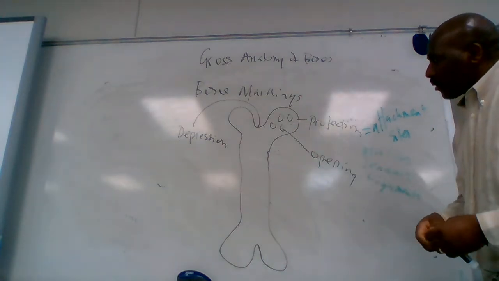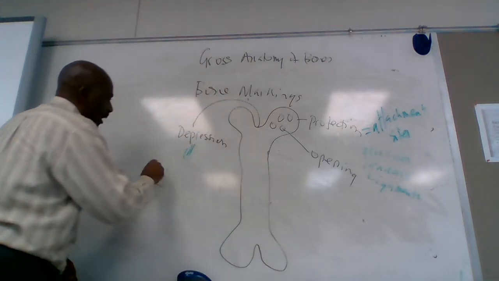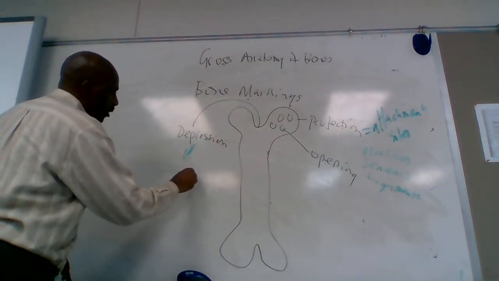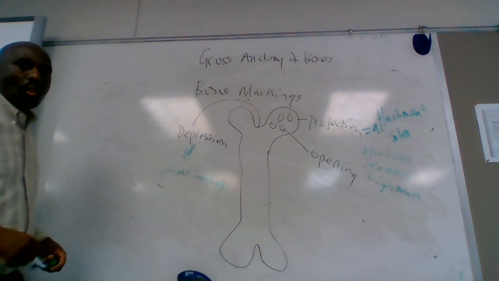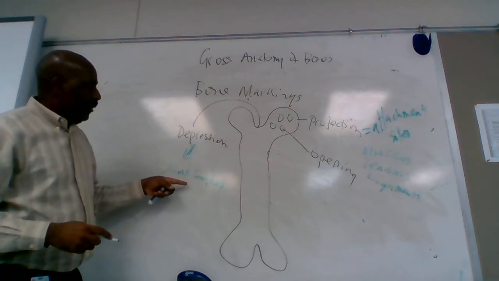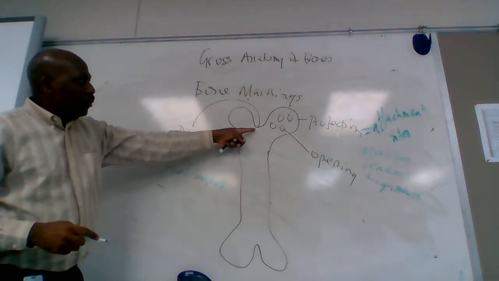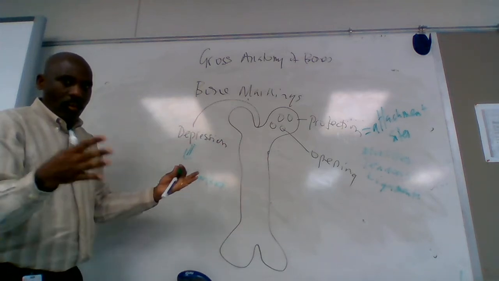Next is the depressions. Depressions, what are they used for? They are used as joint surfaces. Now a joint is where two or more bones meet.